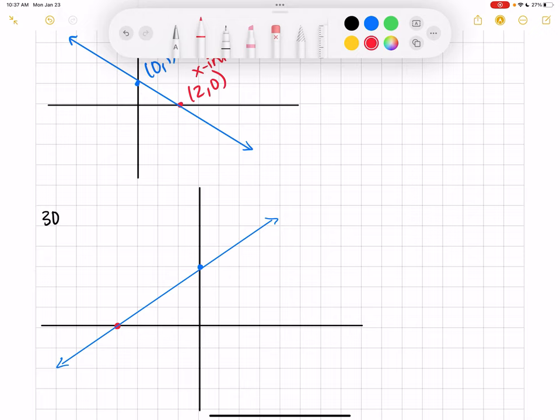Negative 4, 0. And how about my y-intercept? 0, 3. Yep, 0, 3. The only reason I'm writing them this way is so that you see what the actual point would be that's getting graphed, but it would still come from how we did in the first set of problems where we're finding the intercepts. X-intercept just means that y is 0, y-intercept just means that x is 0.